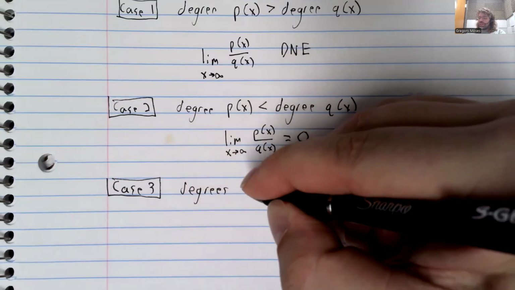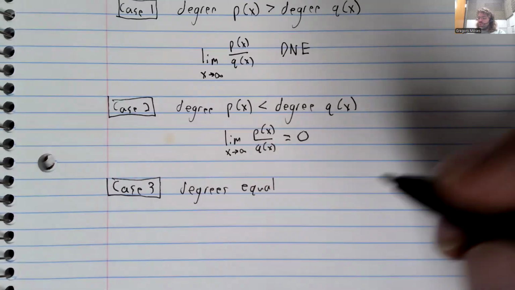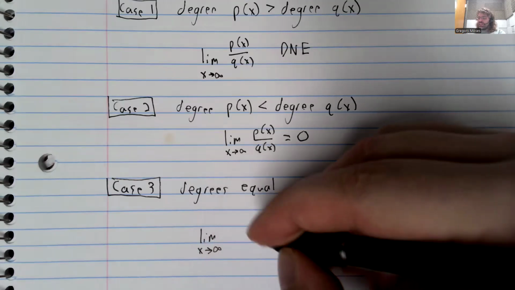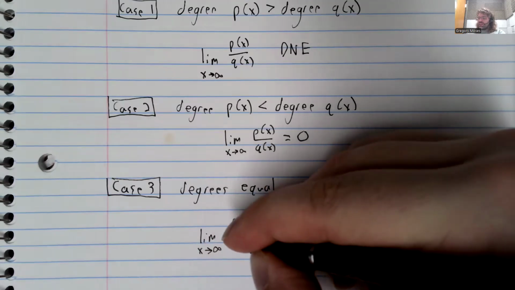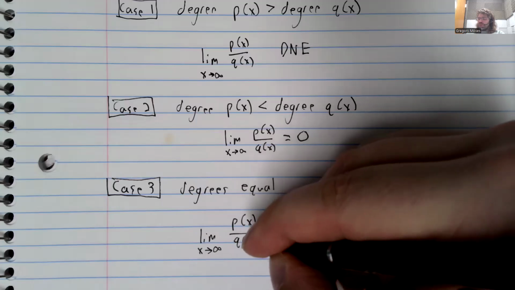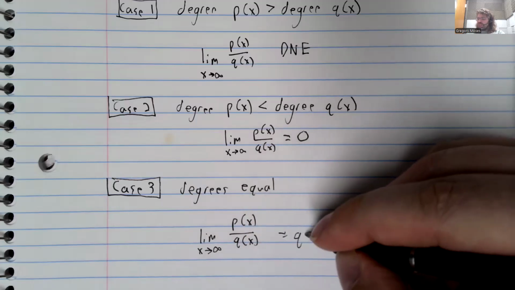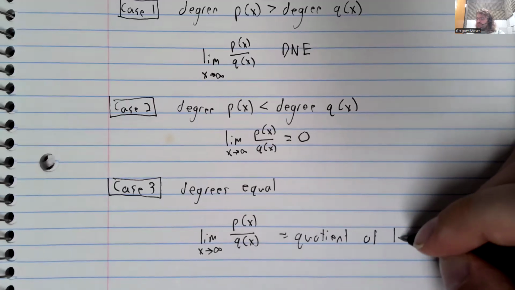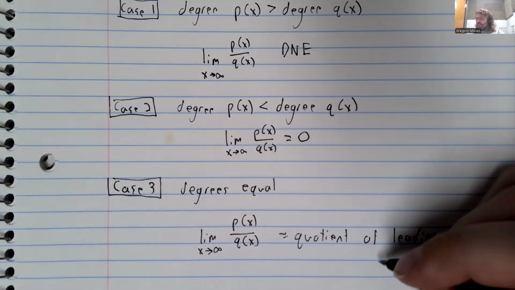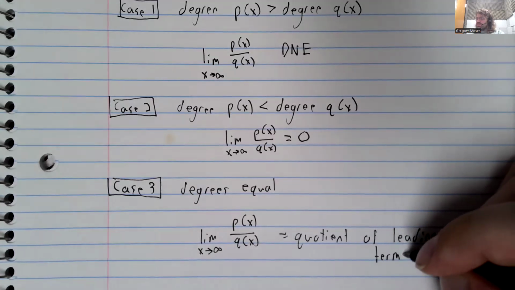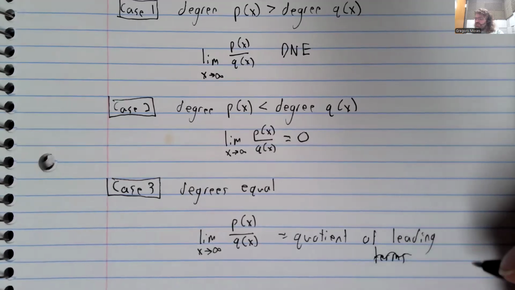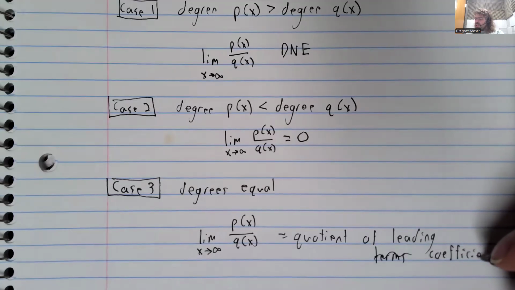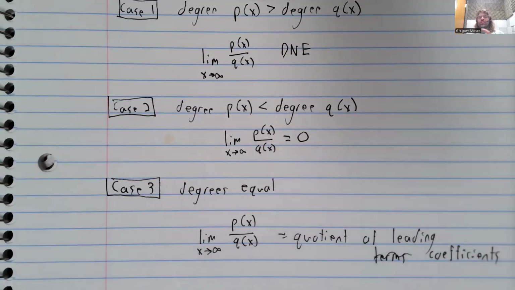Case 3 is where the degrees are equal, and the limit as x goes to infinity of p of x over q of x is the quotient of the leading terms. Or I really should say the leading coefficients.